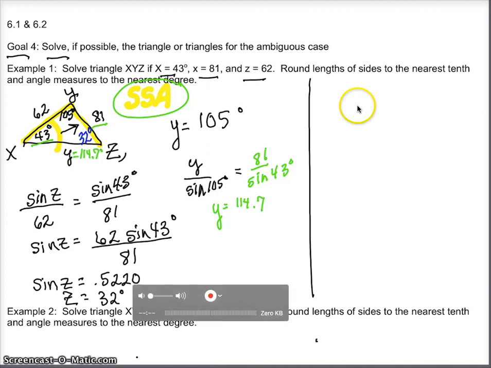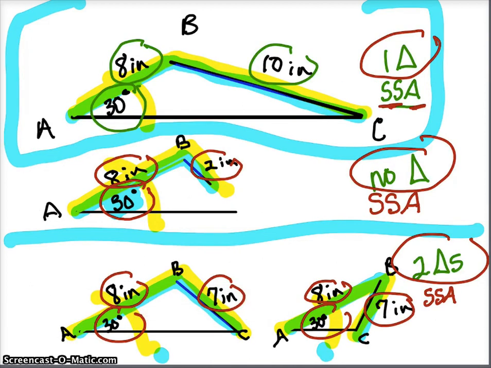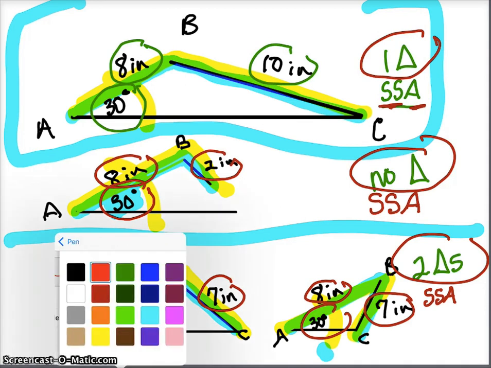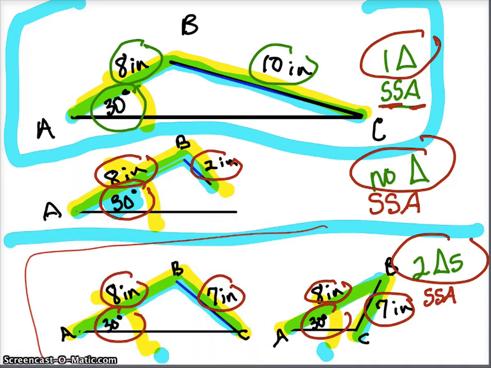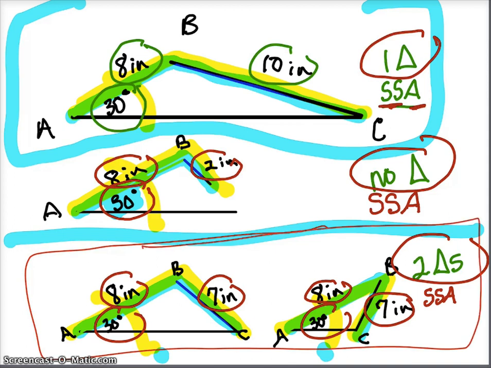Let me show you. If we go back to this scenario of two triangles, I want you to look at angle C on each triangle.